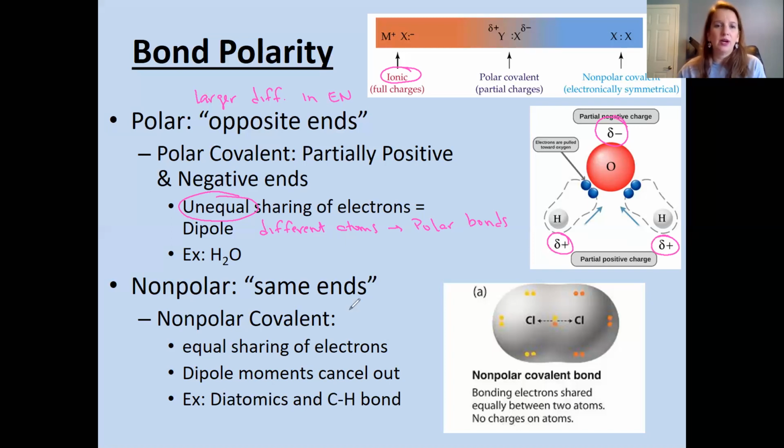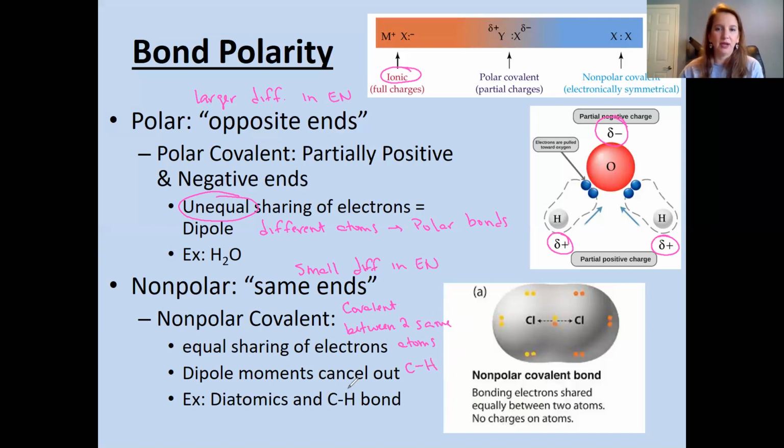Okay. Now, a nonpolar bond forms when there's a small difference in electronegativity. So these ones are going to be where the covalent bond exists between two of the same atoms. Or the carbon-hydrogen bond, as we see down here.